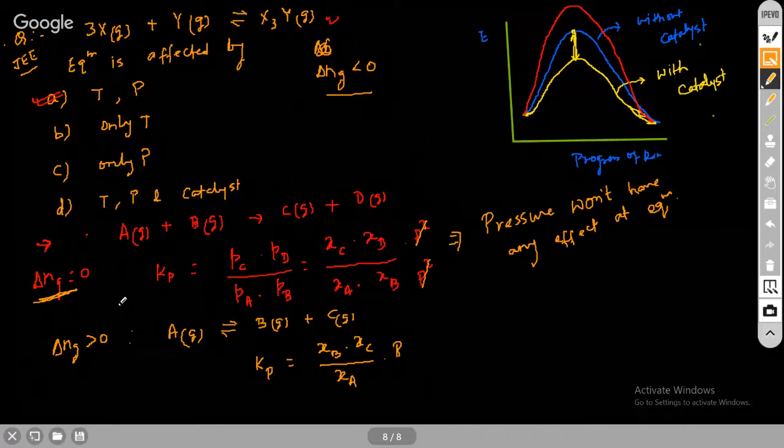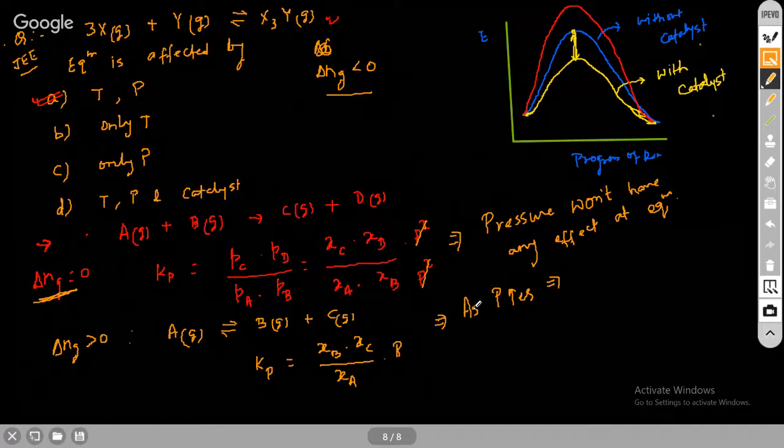Obviously you have understood that pressure will have some effect because the Kp expression involves pressure terms over here. Correct? Now, if I ask you this, as pressure increases here, in which direction does the reaction proceed?